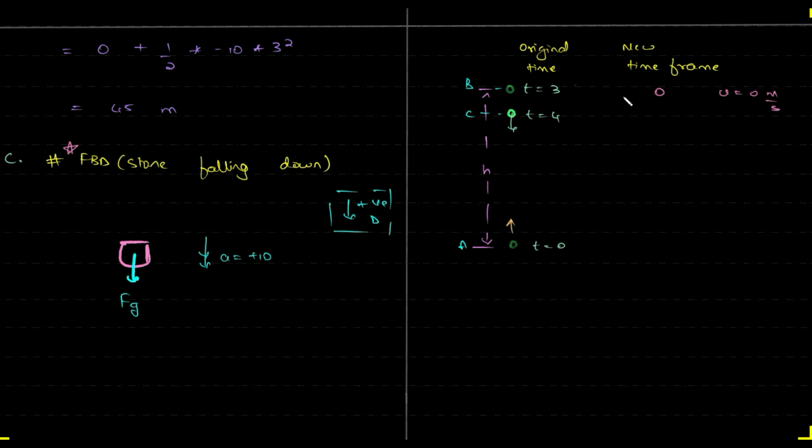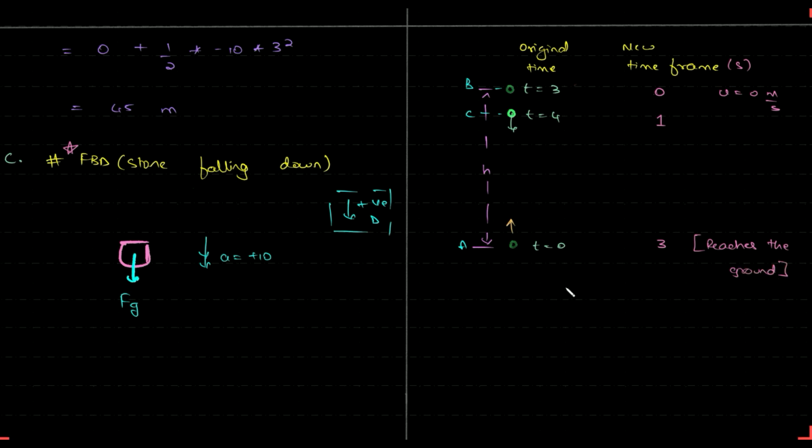So it has to have 0 meter per second velocity. Within 1 second, we don't need to know the velocity, but we have to figure out the distance. And this will be at 3 seconds, when it reaches the ground, or the person's hand.